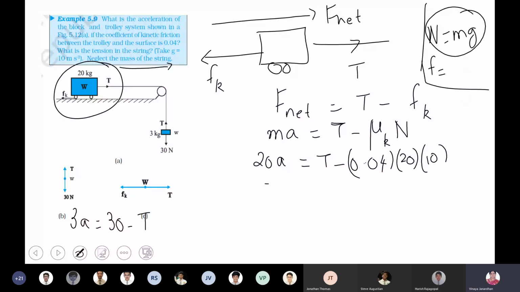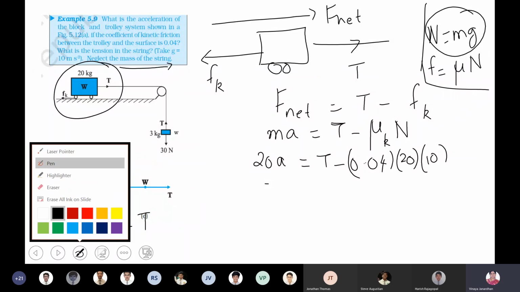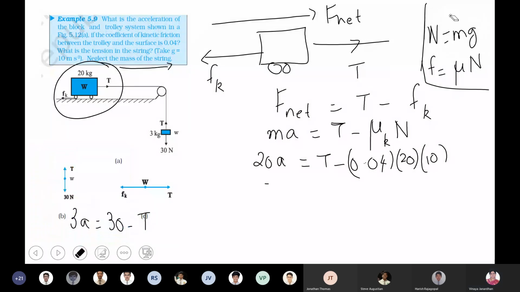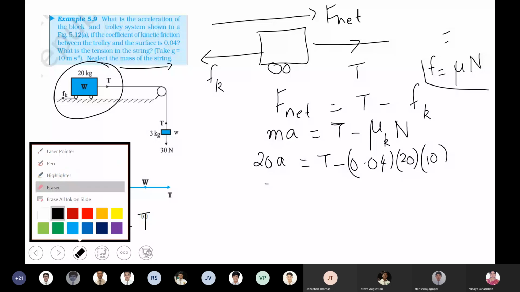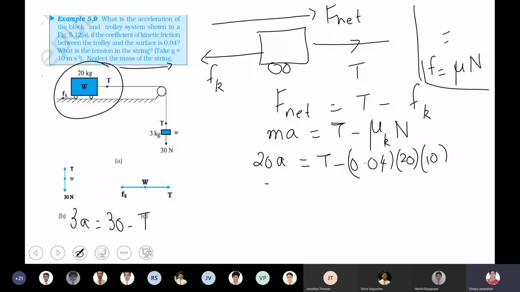F is equal to mu into N. This is one more general formula. Boys, these are the general formulas. N is equal to M into G. So now I have 20A is equal to T minus 8, it becomes 48.